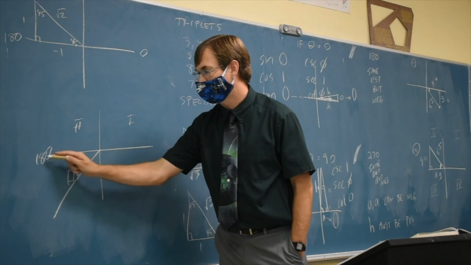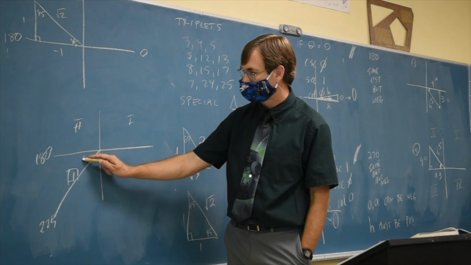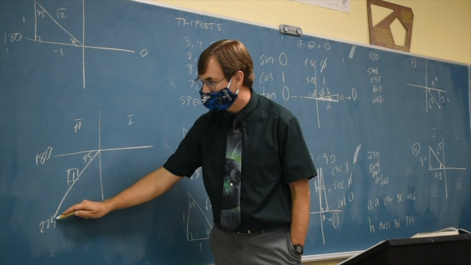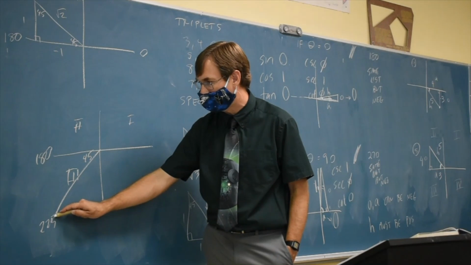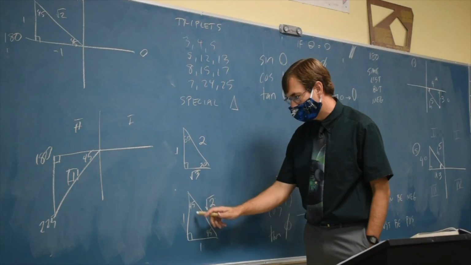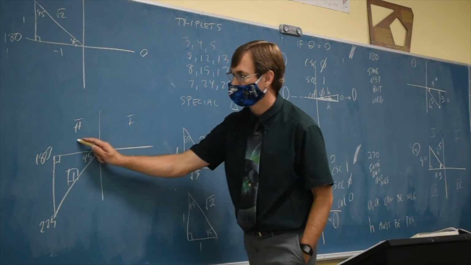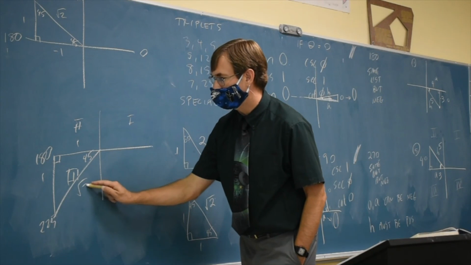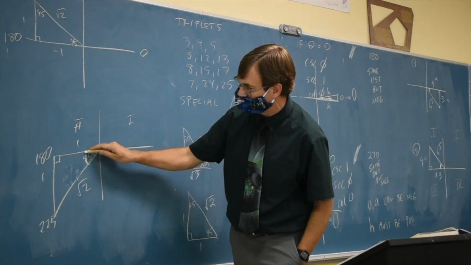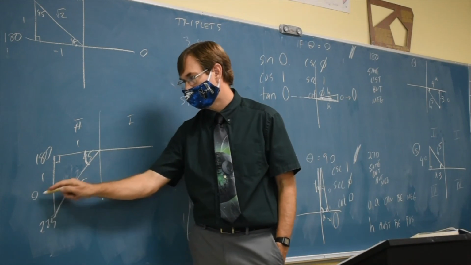This was 180. So if this is 225, this is 45. We can draw as we wish to the x-axis. 45, ring a bell to this structure with legs of 1s and a hypotenuse of root 2.